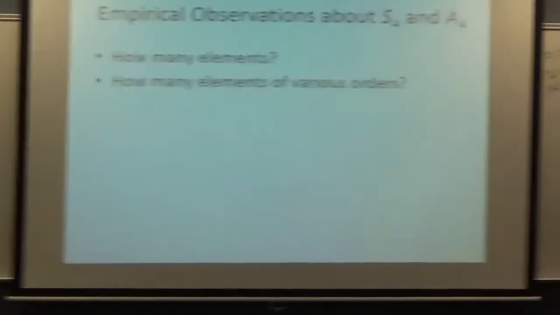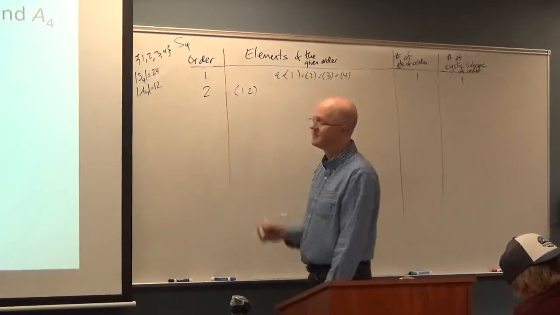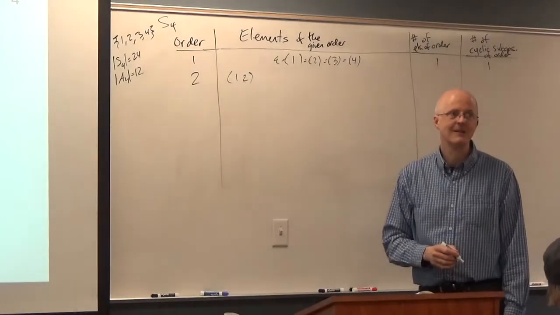How many 2 cycles are possible? Well, there's (1 2). Should I write (2 1)?